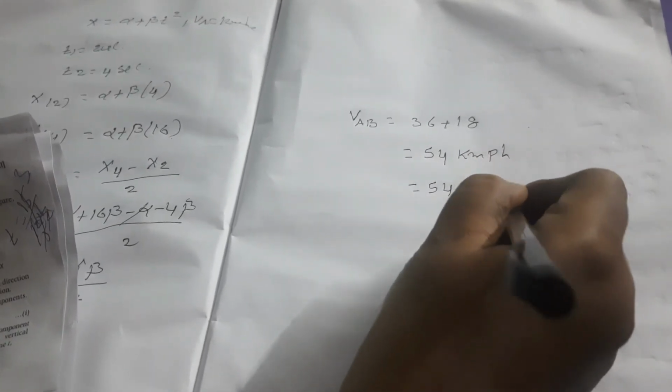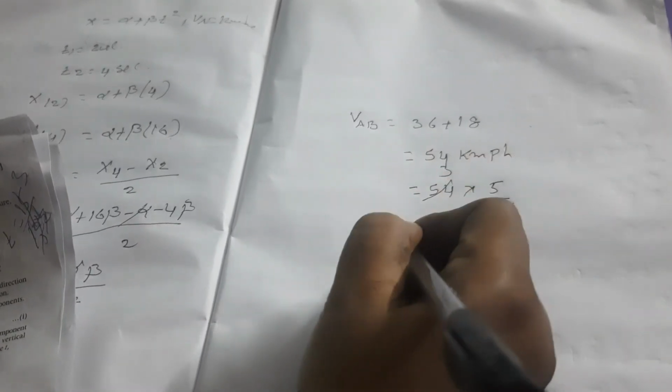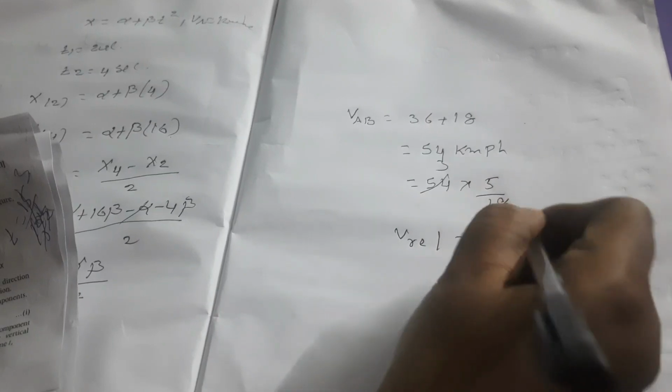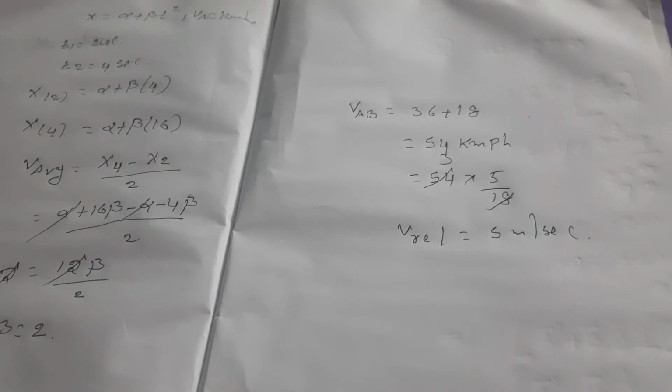After simplification, the relative velocity is 15 meters per second. So bus A is moving towards the east, bus B towards the west. Bus B appears to bus A to be moving with a speed of 15 meters per second from east to west.